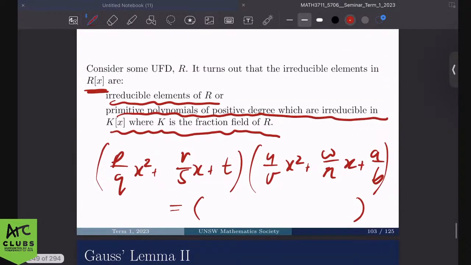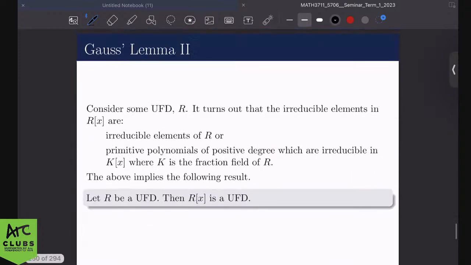So if they're irreducible in K[x], it means you can't take fractional polynomials and get them to make the original ring polynomial. This is not possible. That's what it's saying here. So the irreducible elements of R[x] are going to be primitive or irreducible elements of the ring itself, okay?